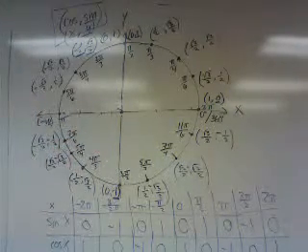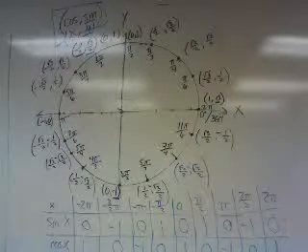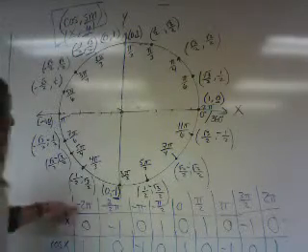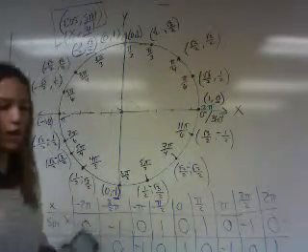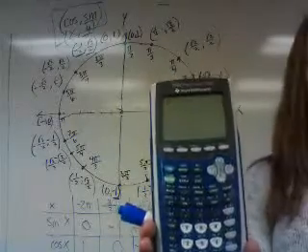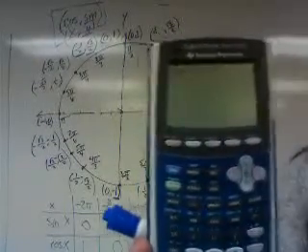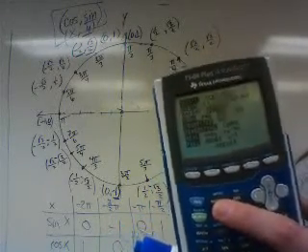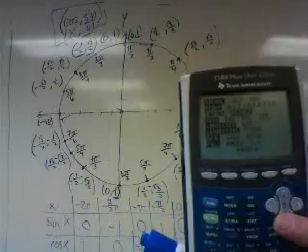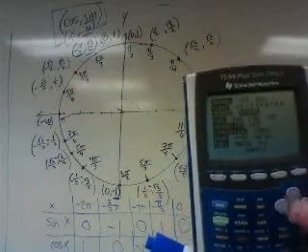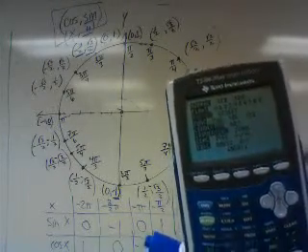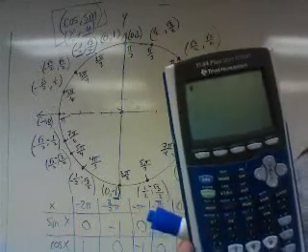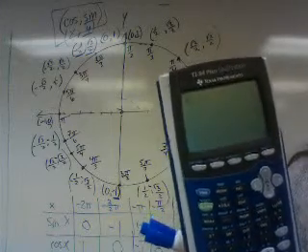But you can also use your calculator. Here's a really fast way to check your answers. On your calculator, I don't know if you have the graphing calculators that we had, but if you go to mode and change it to radians instead of degrees, and then quit out, you can just type in cosine of pi or cosine 2 pi.